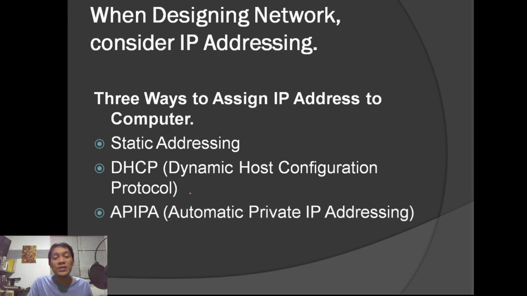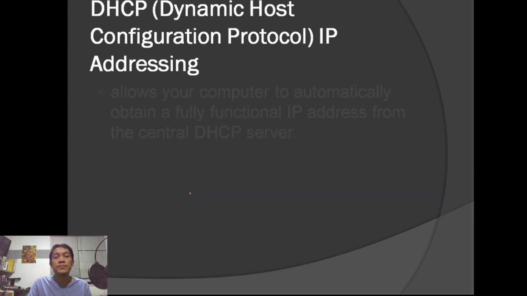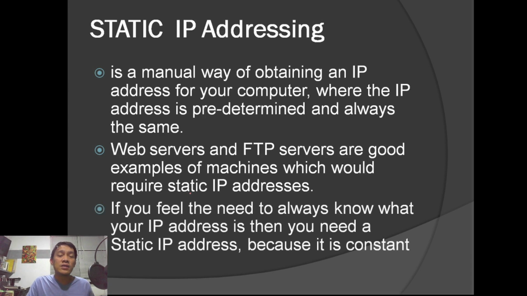Next, we have also the APIPA, or Automatic Private IP Addressing. By the way, static IP addressing is usually done only on servers, because a server should have a static IP. Computers connect to a server. That is why it is called a server: there is a service being acquired by clients, or computers, on the network.